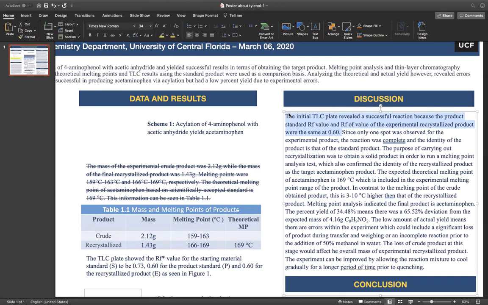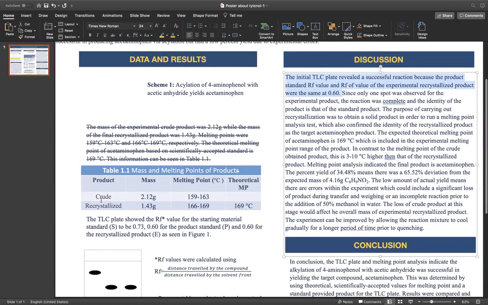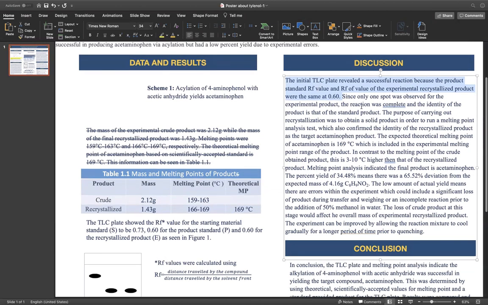You could say that the experimental RF value, the RF value of the recrystallized product was 0.6, which is consistent with the standard, right, given. And then you could refer to the table where you included the RF value of each. So feel free to refer to the tables within the discussions, right?